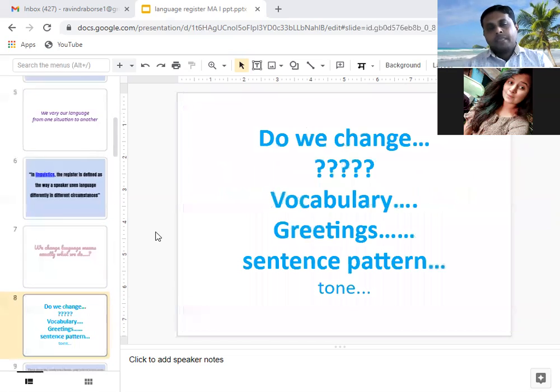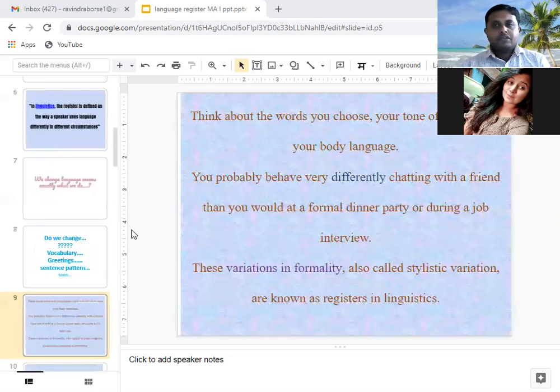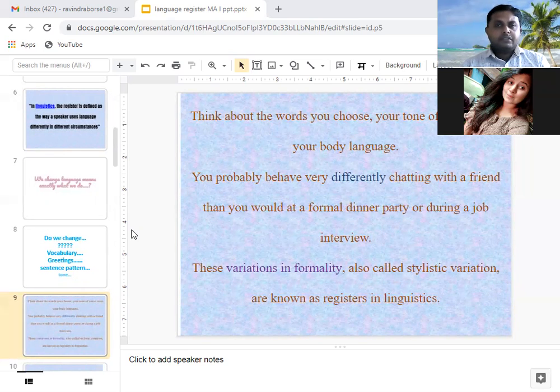Exactly what we do. We discussed that this change means we have a changing pattern regarding vocabulary, greetings, sentence pattern, and tone also. We also adopt a different type of body language as per the demand of the situation.